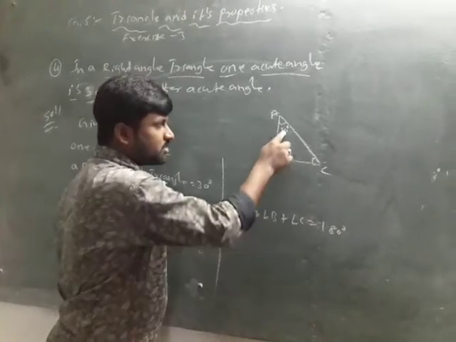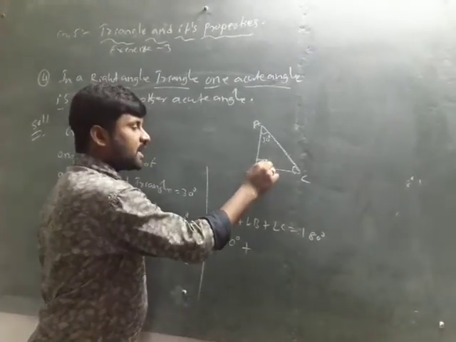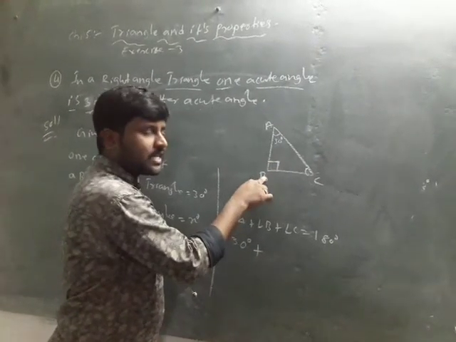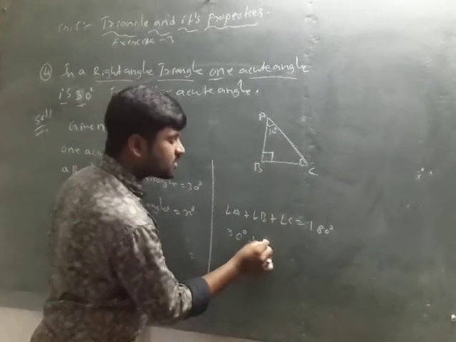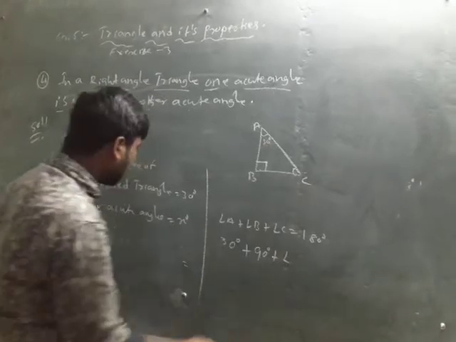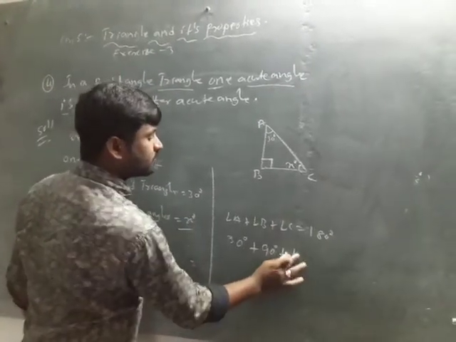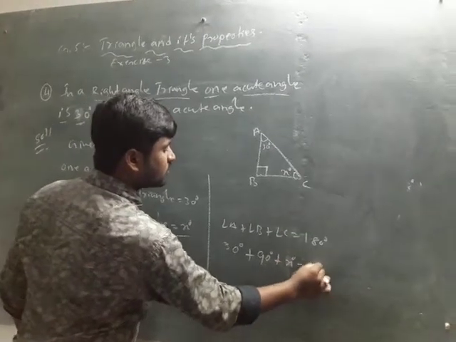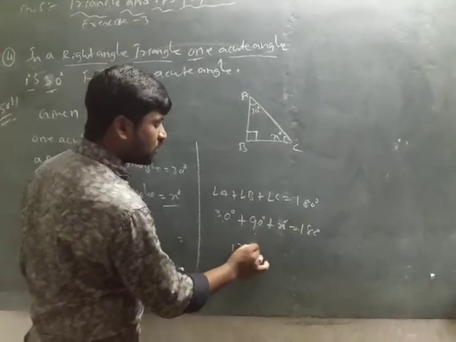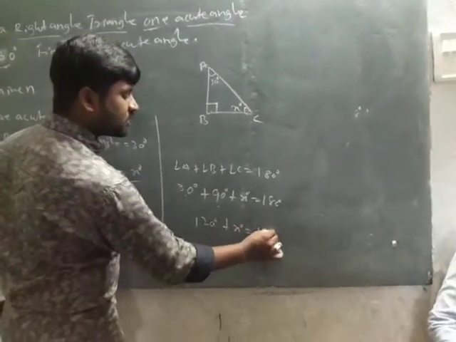Now angle A means 30 degrees. Angle B, in the right angle triangle, the angle measured at B is 90 degrees. Plus angle C, which is the other acute angle I have taken, is x degrees, is equal to 180. 30 plus 90 is 120 degrees plus x degrees is equal to 180 degrees.